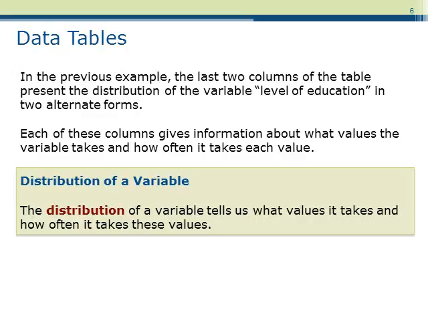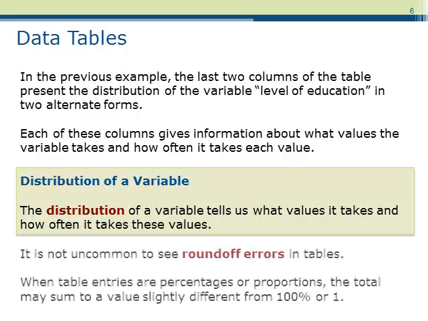In this case, we'd say that the table tells us the distribution of this variable. In general, the distribution of a variable tells us what values a variable can take and how often it takes them. Now, sometimes round-off errors occur when distributions are presented in a table, due to trying to keep the presentation simpler.